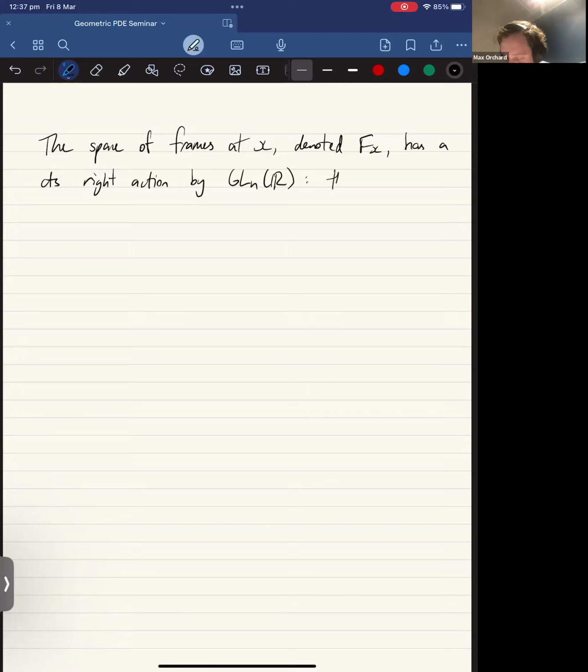Explicitly, the element g acts on a frame p by, if we look at this new frame, it's simply the composition of g with the frame p.